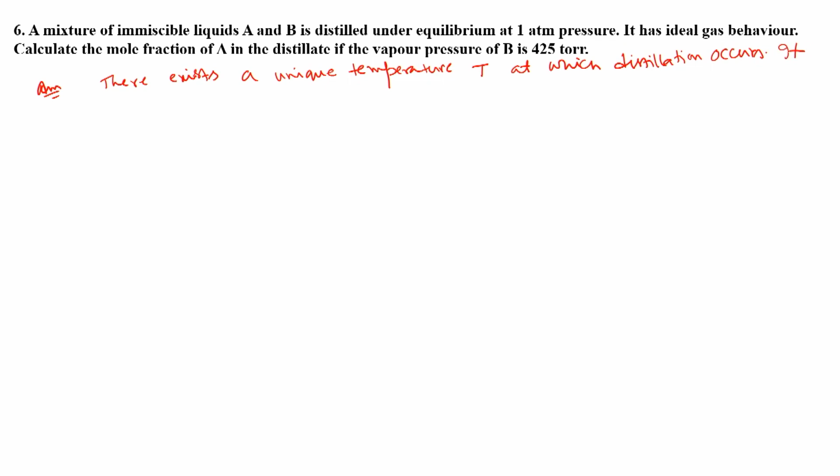It is determined by the equation PA naught at temperature T plus PB naught at temperature T is 1 atmosphere.